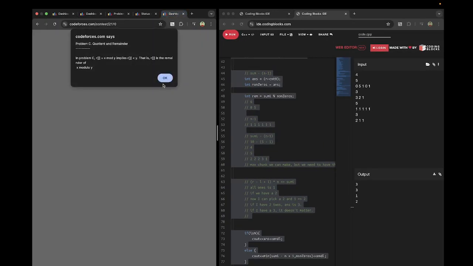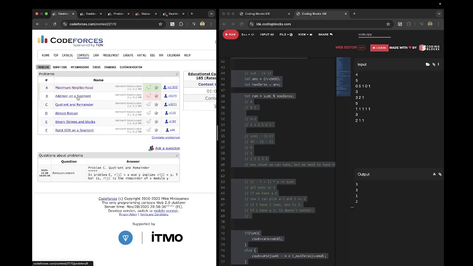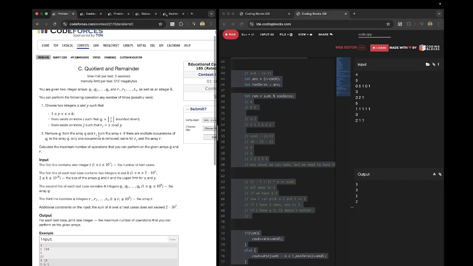It failed, it seems like. Oh, it passed. You're given two integer arrays as well as an integer k.